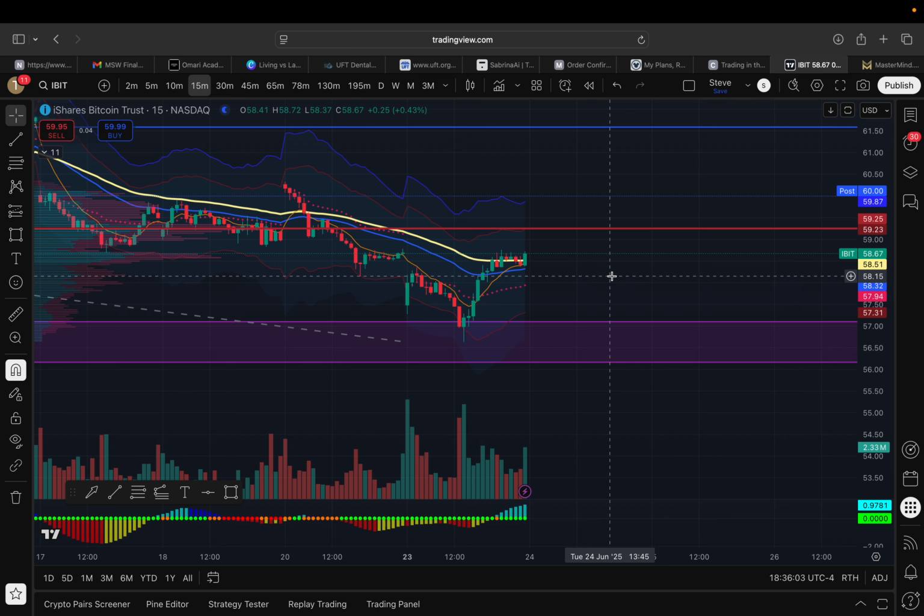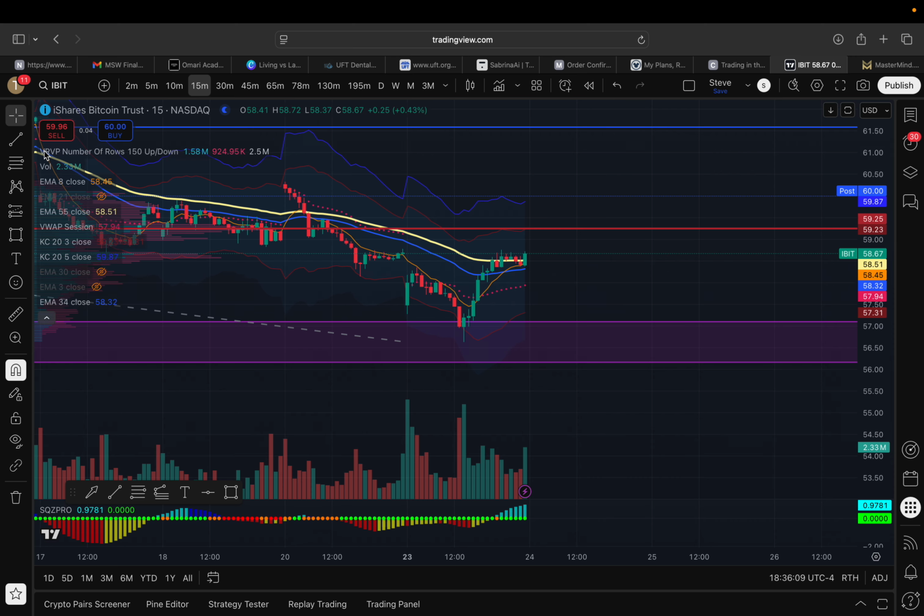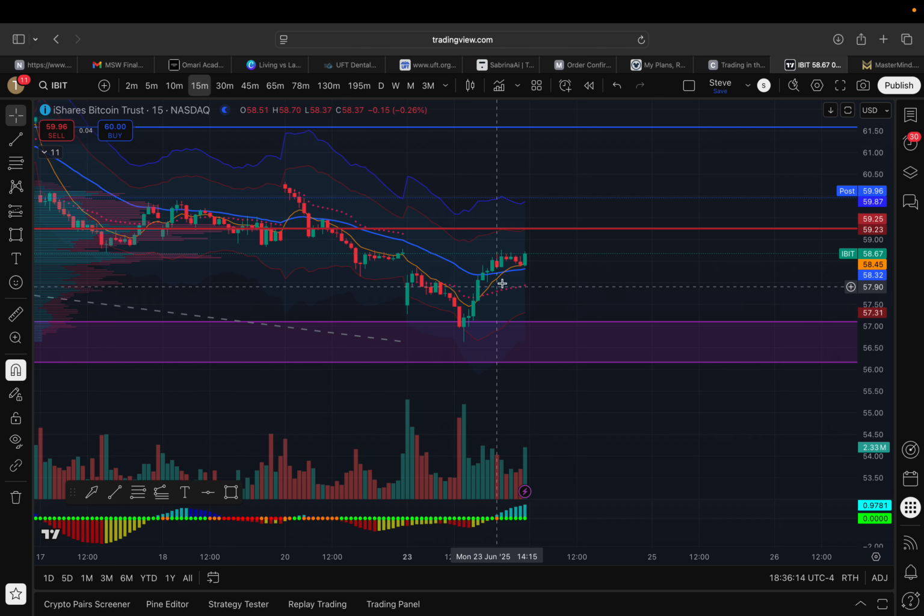Anyways, right now I'm on the 15-minute time frame chart. This orange line here is the 8 EMA, exponential moving average, and this blue line here is the 34 EMA, the 34 exponential moving average.